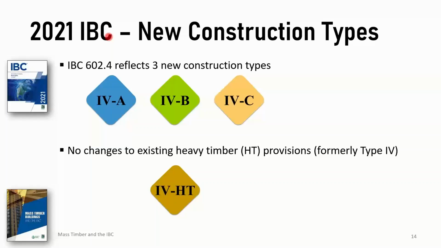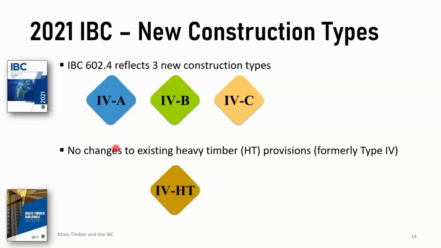And if you have not seen our webinars on their work and on their testing, they're well worth looking up. You can see the full-scale testing that I'll talk about a little bit later on our website. They did not change the regular heavy timber requirements.